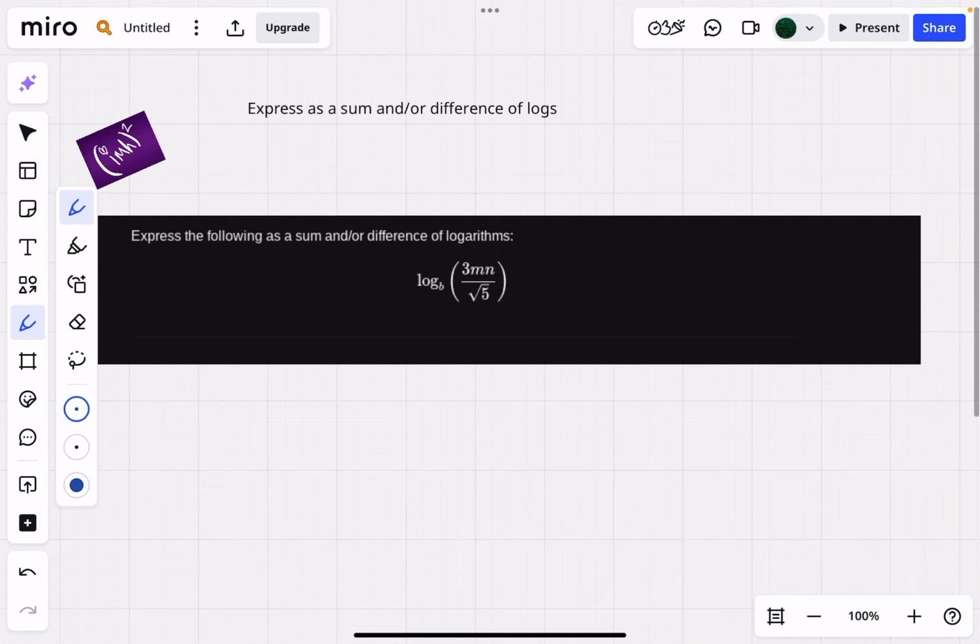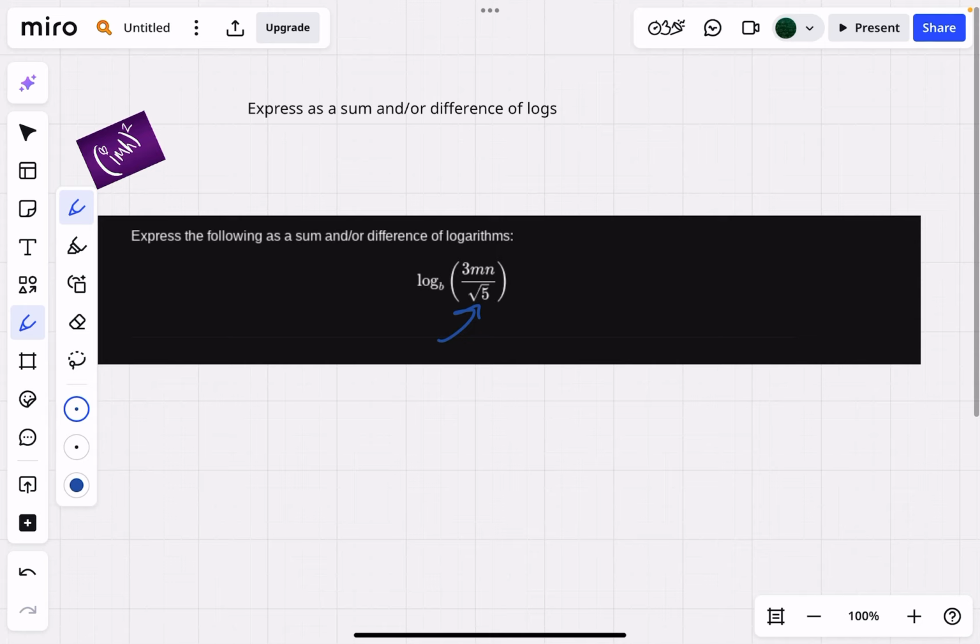In this video, we're going to be expressing a log as the sum or difference of logs. Specifically, this video is going to look at what happens when you have a root in the denominator. So the way we're going to handle this is we're going to change the root to basically exponential notation.